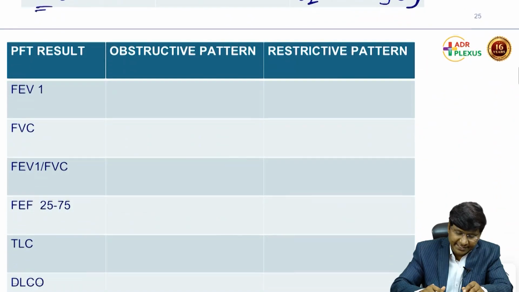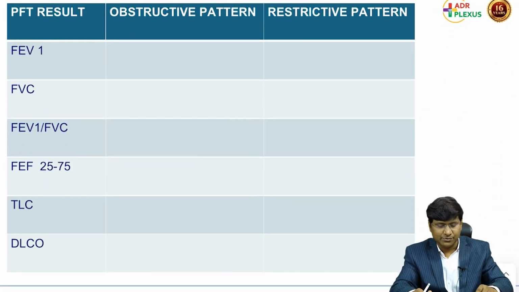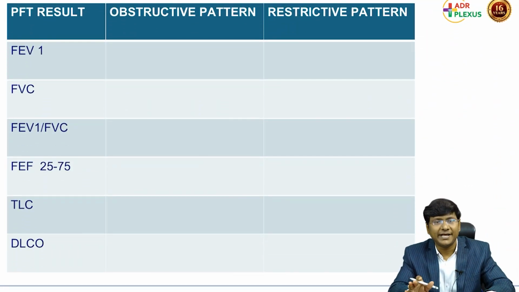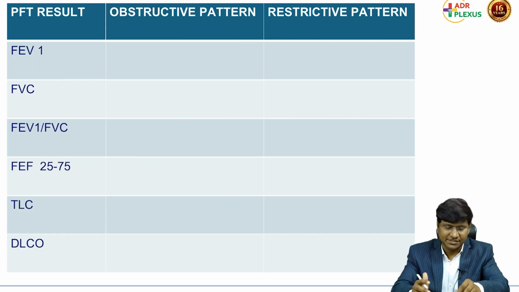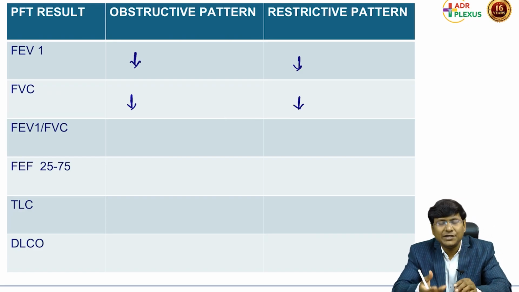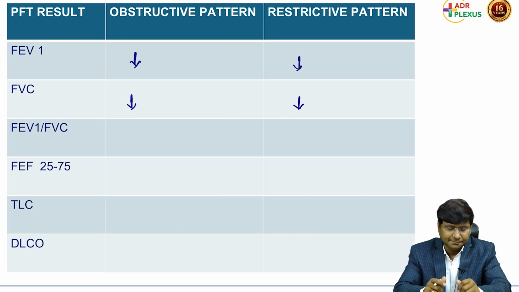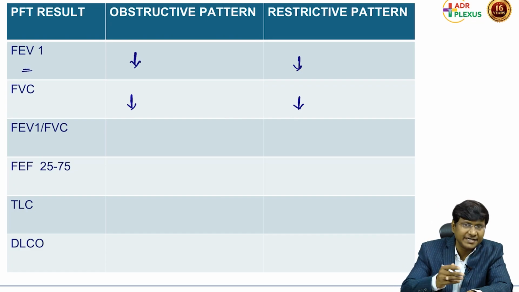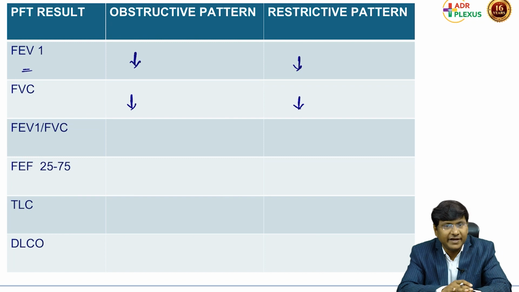Now, the pulmonary function test is a very important part of the discussion, where you need to know the differences between the obstructive and the restrictive pattern. Now you take FEV1 as well as FVC. In all of these conditions, whether obstructive or restrictive, it is decreased. But you need to know the severity of the decrease. In the obstructive pattern, the FEV1 is decreased more than the FVC.